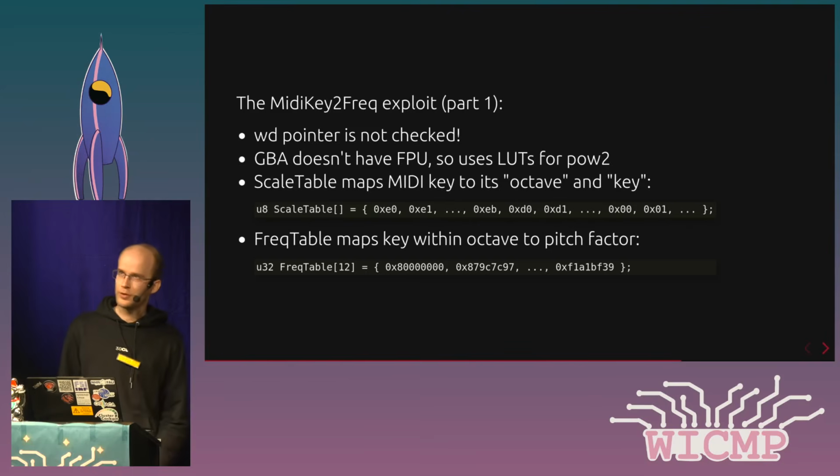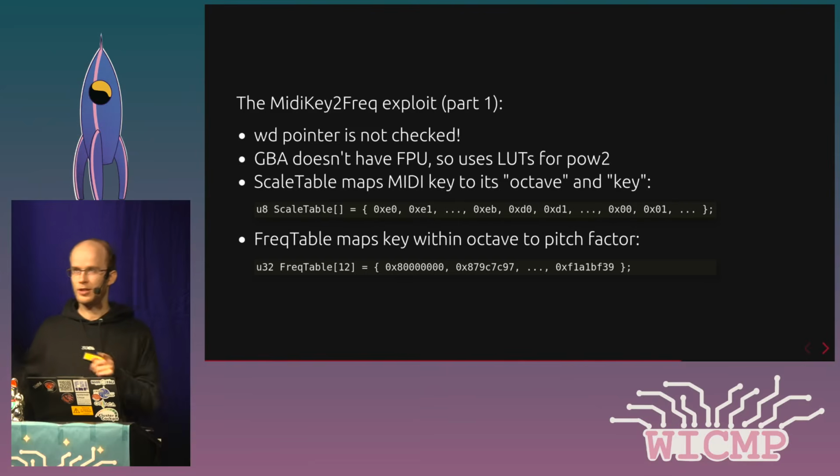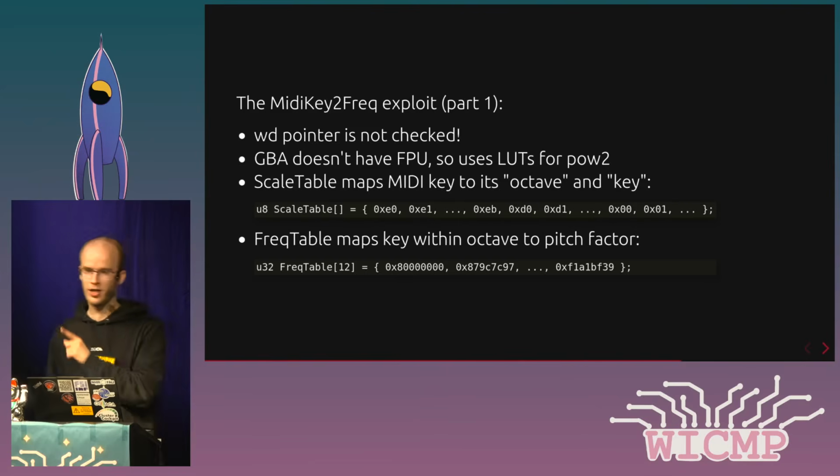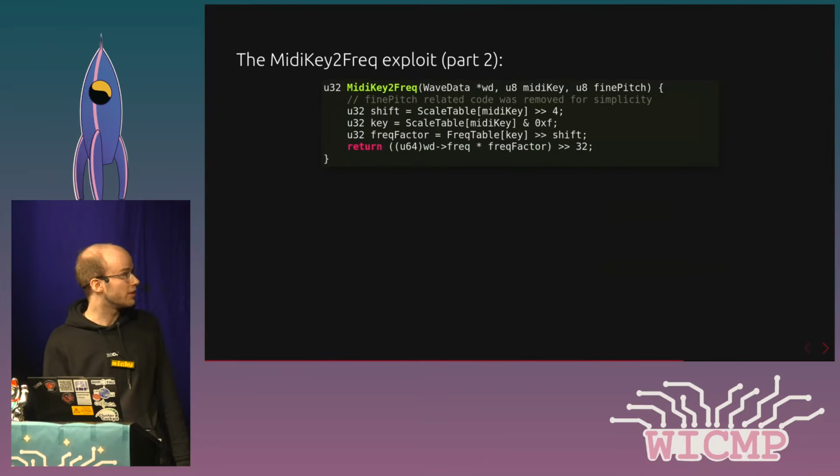The thing is, then you first have to map the MIDI key to the key within a single octave and the octave number itself. Because if you know the octave number, then the octave just means double or half the pitch. And doubling or halving the pitch is easily done with shifting. And so this is how it is implemented, which I'll show you on this slide here.